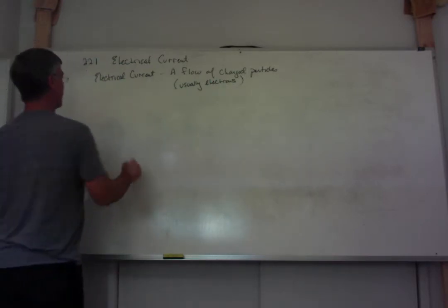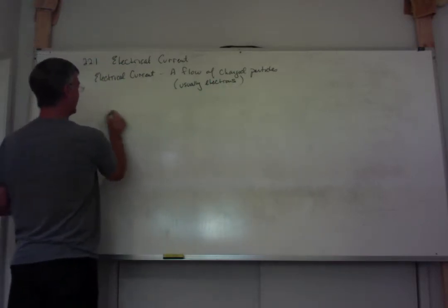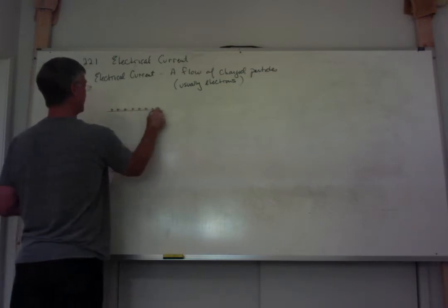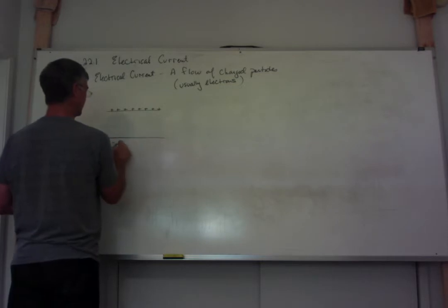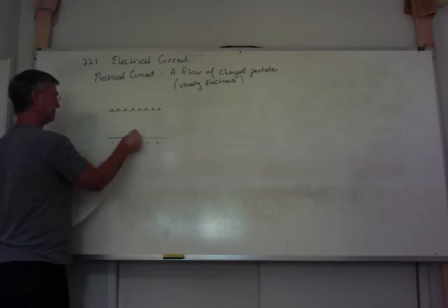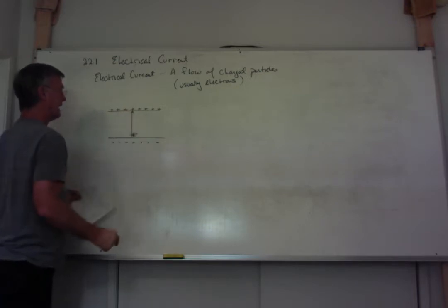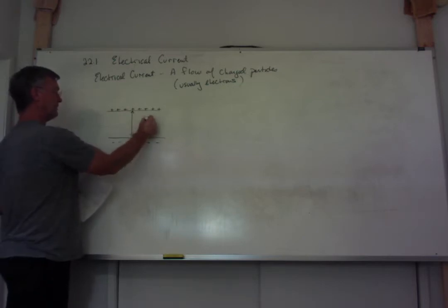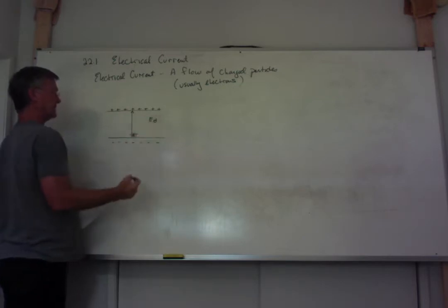So I want to take you back to something. If I had a plate that was charged positive and another plate that was charged negative, and I'm going to do something a little different. I'm going to put a negative here, a little electron. If I said I'm going to put an electron right here, you should know what's going to happen. It's going to go like this. There is actually a voltage across here because there's an electric field and there's a certain distance.